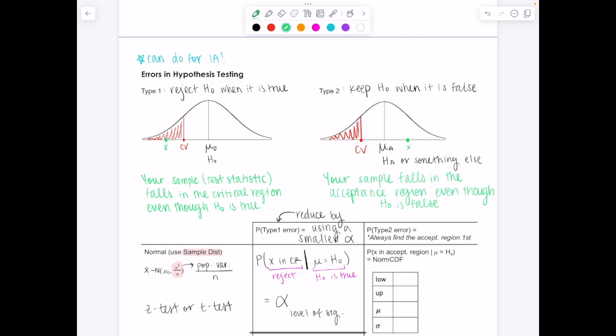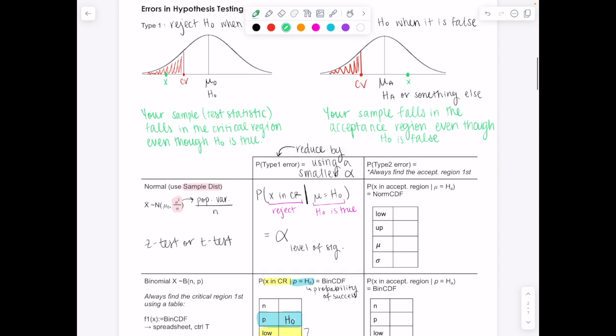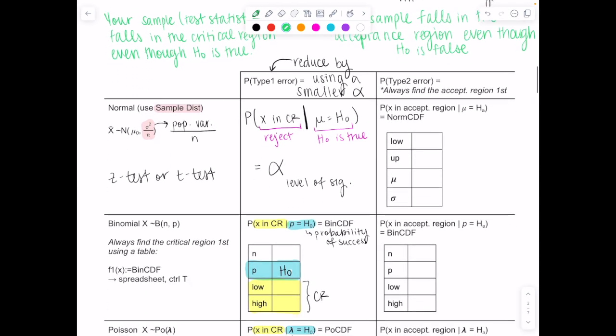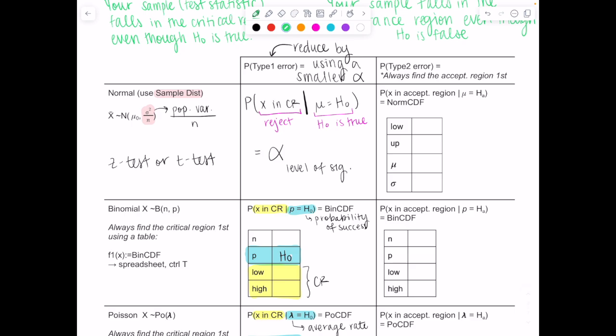So again, depending on the type of distribution determines how we calculate this type 2 error. So you always want to find the acceptance region first, which is the opposite of your critical region. So in this instance, we're finding the probability that you're in the acceptance region when actually the alternative hypothesis is true.